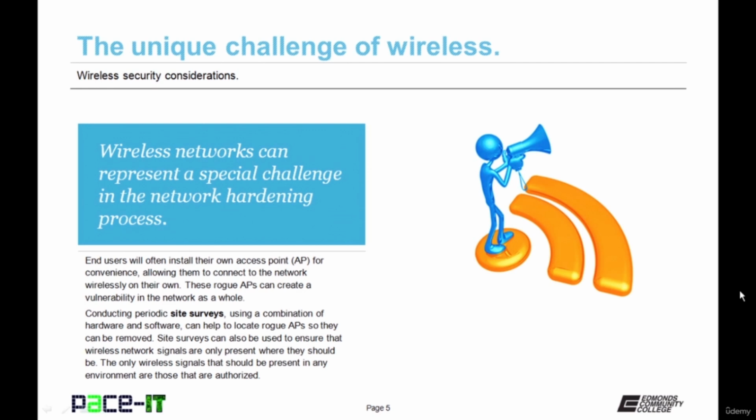Using a combination of hardware and software, site surveys can help to locate rogue access points so they can be removed. Site surveys can also be used to ensure that wireless network signals are only present where they should be. The only wireless signals that should be present in any environment are those that are specifically authorized to be there.